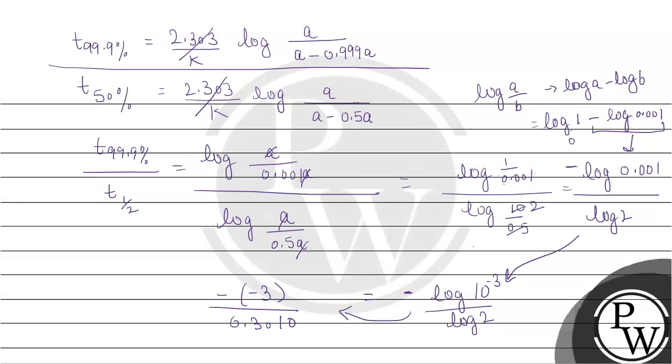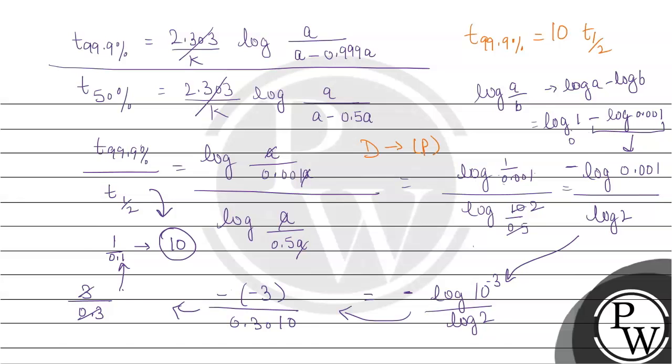So this will be minus minus plus 3 divided by 0.3, and if we cross-multiply and cancel, we will get 1 upon 0.1, this will be 10. So we got 10, and the value we found is T 99.9 upon T half. Hence we can say 99.9% is equal to 10 times of T half. So D matches to P of column 2.